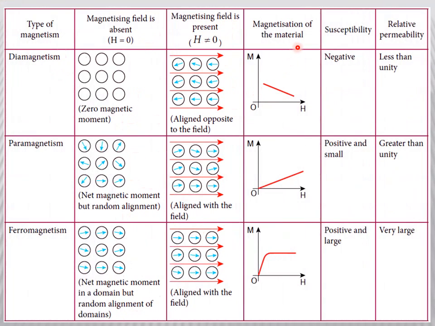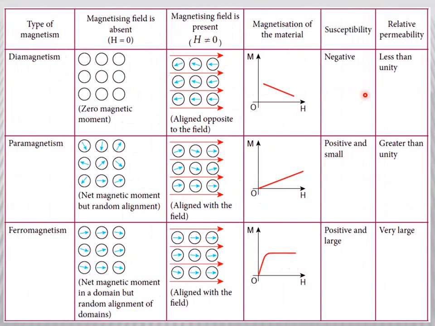Third one, magnetization of material. You can see different graphs for magnetization against the magnetic field.